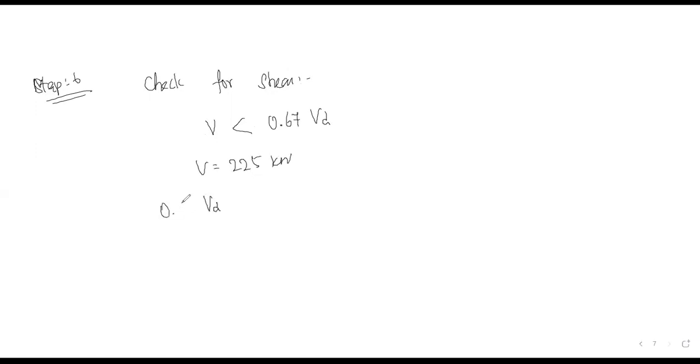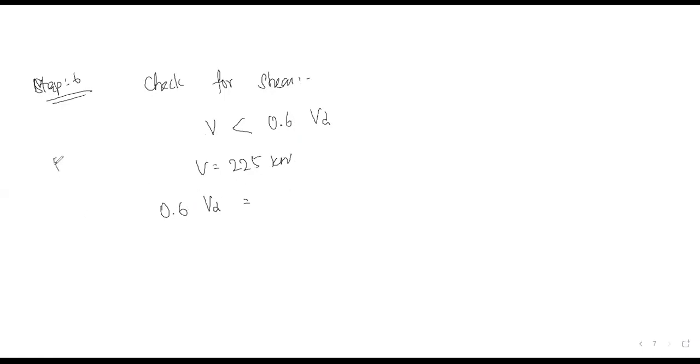Next, step 6, check for shear. V should be less than 0.6 times Vd, meaning the section is safe in shear. V is equal to 225 kilonewton. We have to calculate 0.6 times Vd, from page number 54.